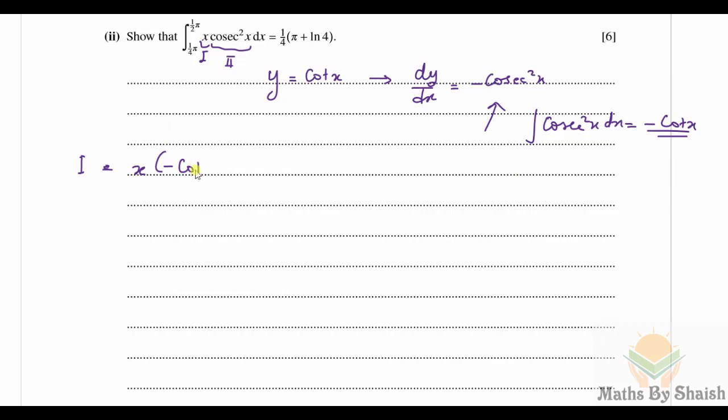So minus x cot x minus the integration of the differentiation of the first function, that is 1, of course, because the differentiation of x is 1, times the integration of cosec square x, that is going to be minus cot x dx.